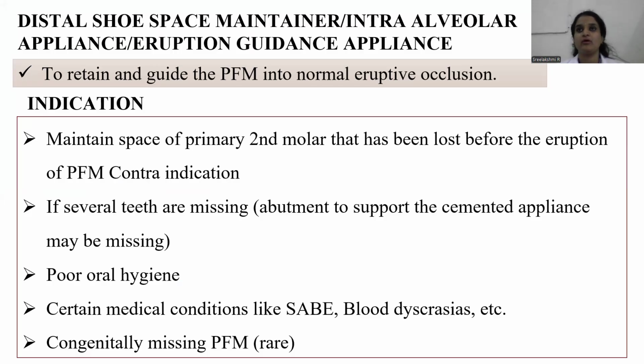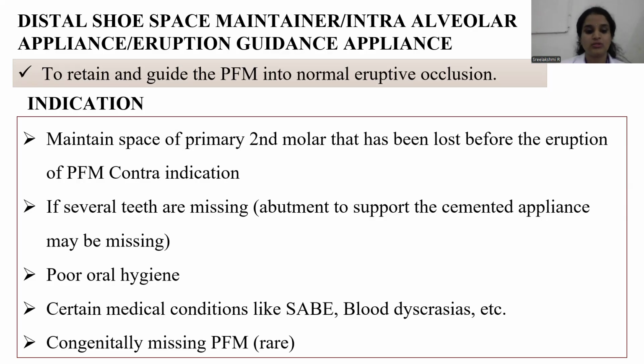So the distal shoe is indicated in cases where there is a premature loss of the second primary molar prior to the eruption of the permanent first molar. So the indication is to maintain the space of a primary second molar that has been lost before the eruption of the permanent first molar.